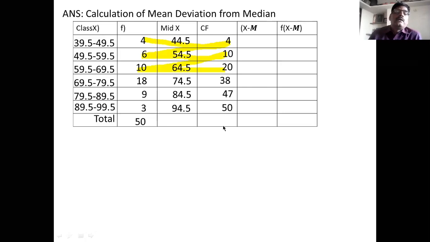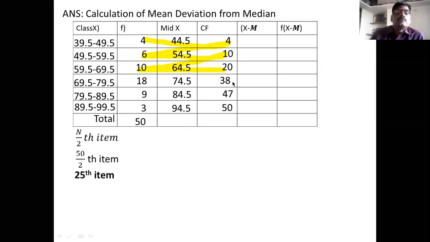After CF, you have to calculate median. On the basis of these columns, we calculate the median. This is the information required to calculate median. So you have to find the n divided by 2th item. N is 50, which means total frequency is 50. 50 divided by 2 is equal to the 25th item.